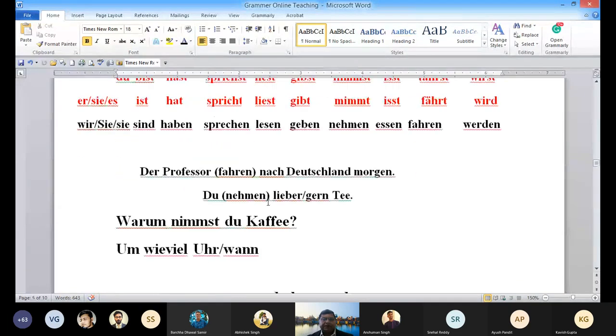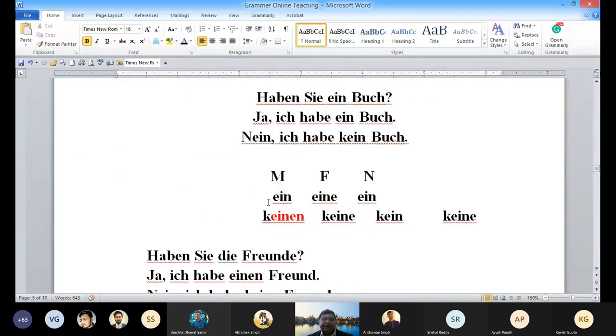Yeah, like you have learned this ein, eine, ein, and then the negative form becomes kein, keine, kein, or einen, eine, ein. So here we can add mein, meine, mein.